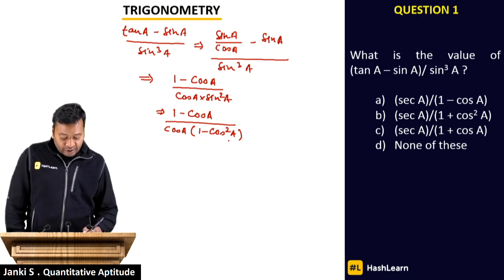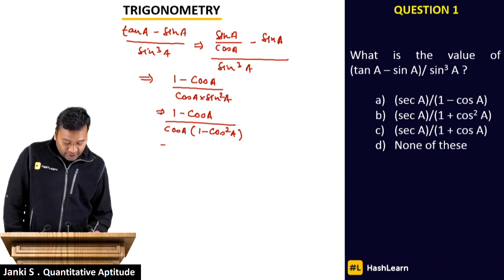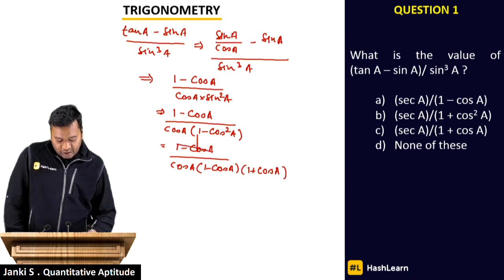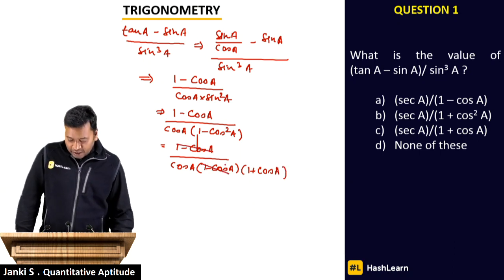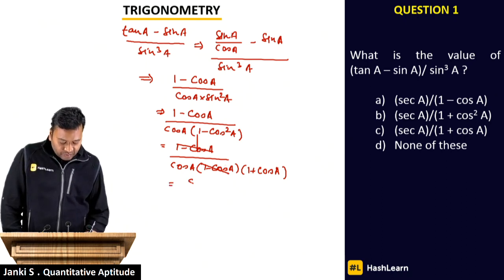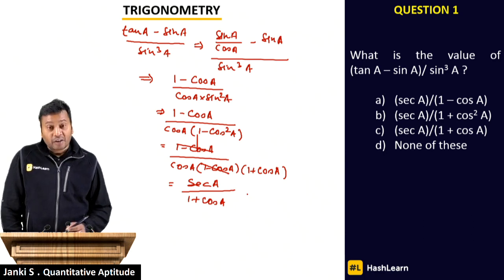So that means I can further cancel out one of the values, so I can definitely say 1 minus cos A divided by cos A into 1 minus cos A into 1 plus cos A is the format, right? So 1 minus cos A is cancelled. If that is cancelled, now 1 by cos A is written as sec A. Nothing but sec A divided by 1 plus cos A is my value, right?